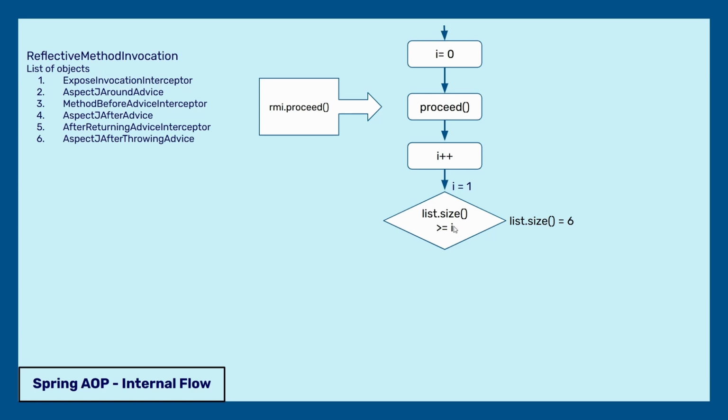Since this condition is true, it fetches the object from this list from the index. In the first case, ExposeInvocationInterceptor is picked up and the invoke method on this object is called, and the object of RMI or ReflectiveMethodInvocation is passed to this method.